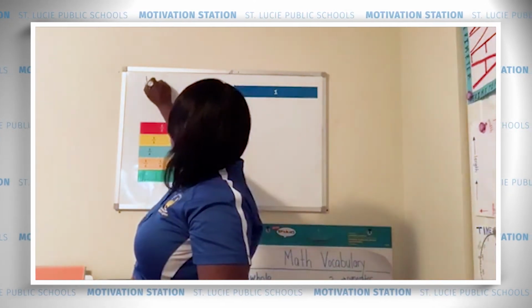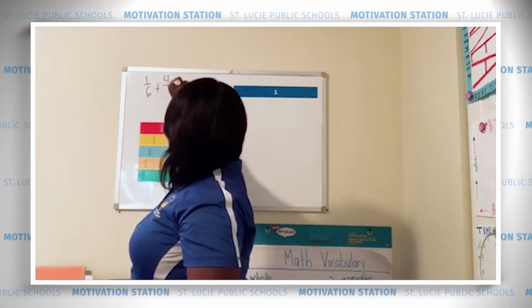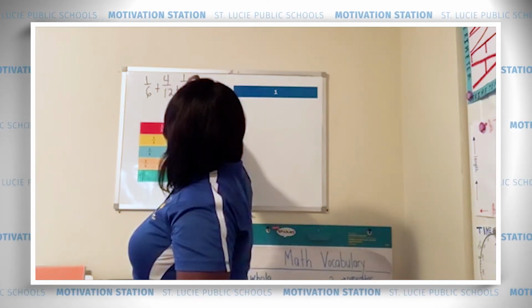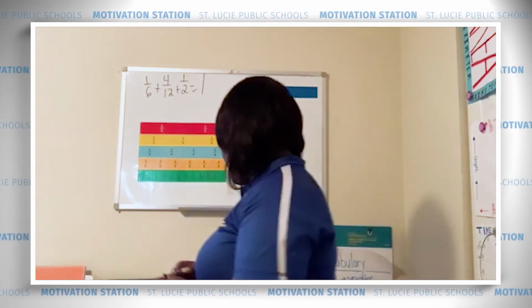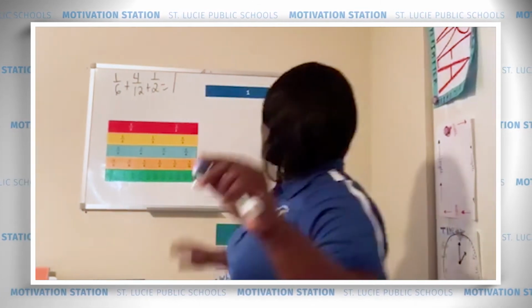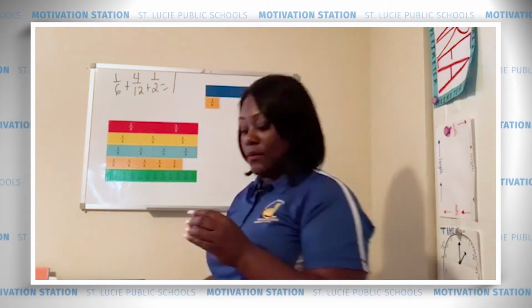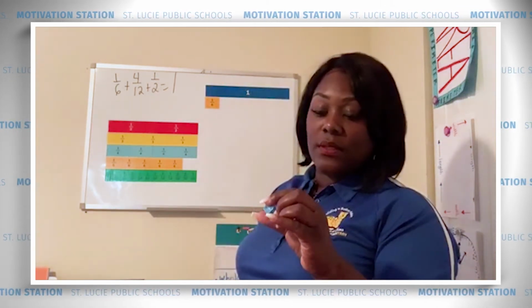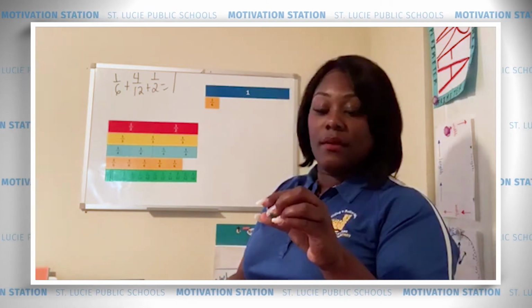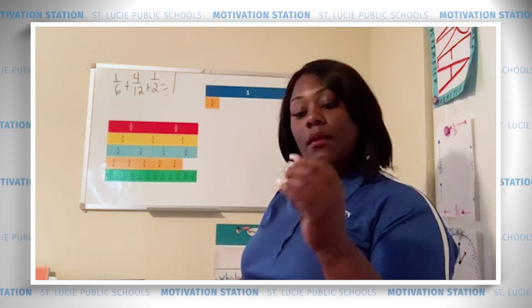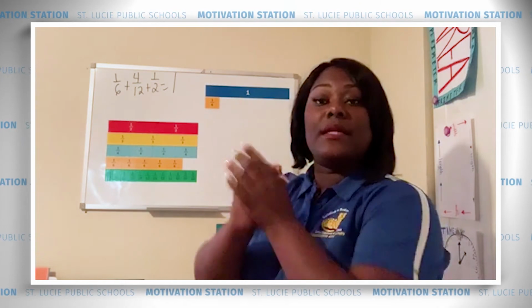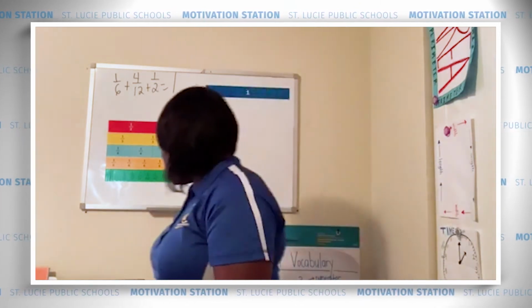It was 1/6 plus 4/12 plus 1/2 equals 1. Okay, so the first number that I rolled is 1/6. Those 1/6 are pretty popular. Just trying to figure out how many times it's on this one. It just looks like it's on here just once.